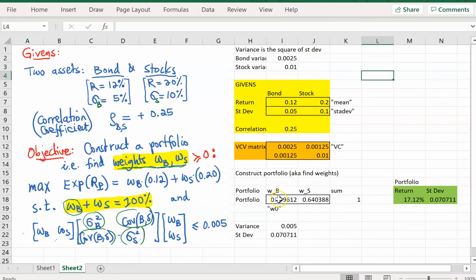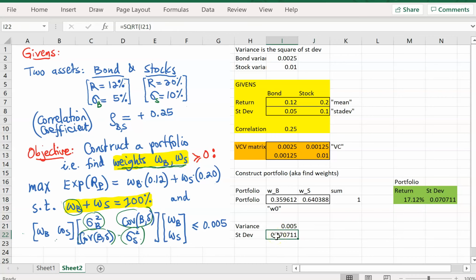Wow, look at that. And by the way, we were extremely close earlier when we guessed 0.64 and 0.36, but this is an exact calculation. So the policy recommendation is to invest 35.96% of our portfolio in bonds and 64.04% in stocks. And as a return, we will get this much return on our investment. And besides, the risk we are taking is exactly the risk that our client told us.